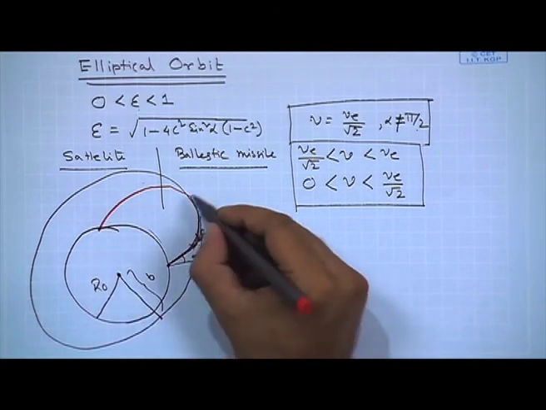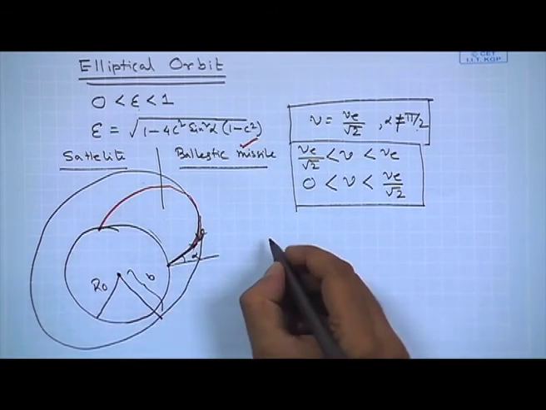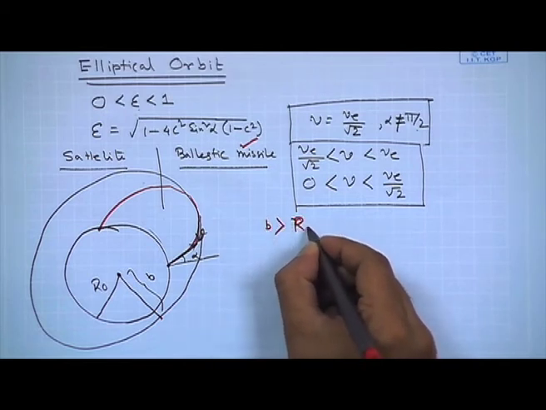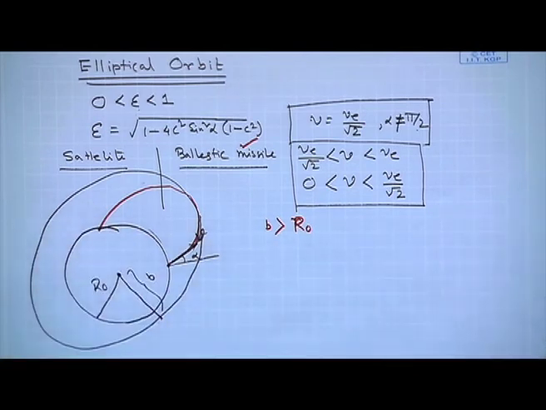In this case we have a ballistic missile. So we have one case where B is greater than capital R0, that is the case of a satellite.